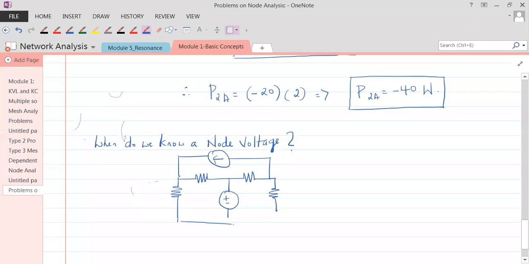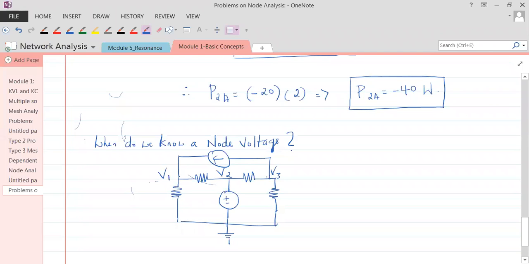So when do we know a node voltage is what we are answering. See here, everybody, this is ground. How many nodes are there? We have node 1, node 2 and node 3. Since we have 3 nodes, the voltages at those 3 nodes are V1, V2 and V3.